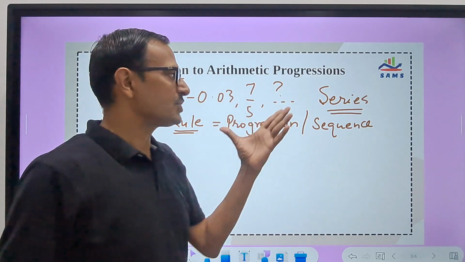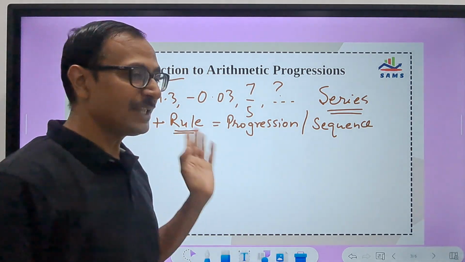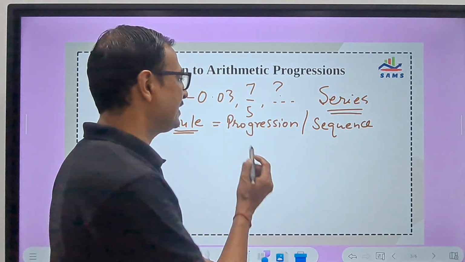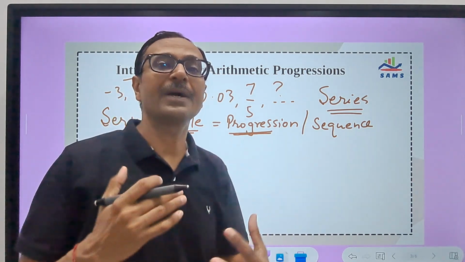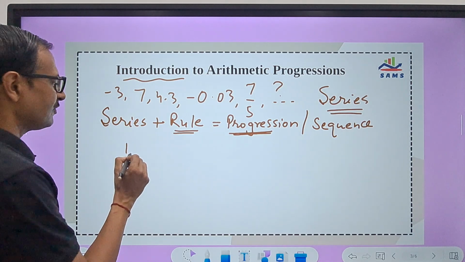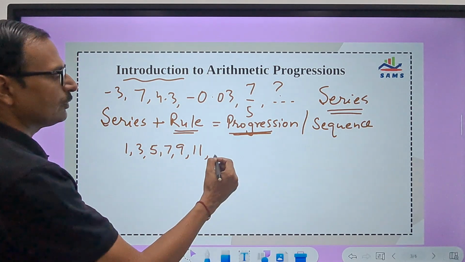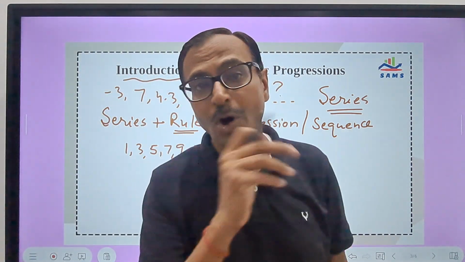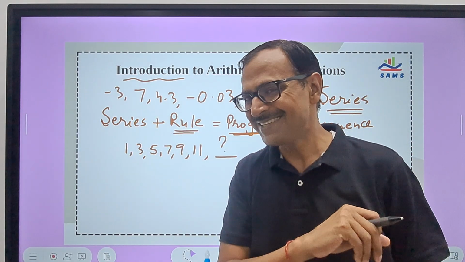Why do we call it a progression or a sequence? Progress. A series with a rule will always help you in finding the progress of the series. That means you will be able to tell what comes next in the series. Just like if I ask you what comes next in 1, 3, 5, 7, 9, 11, immediately without thinking you will tell me that the next number is 13, because I am writing the series of odd numbers, and odd numbers is a series which follows a rule, right?